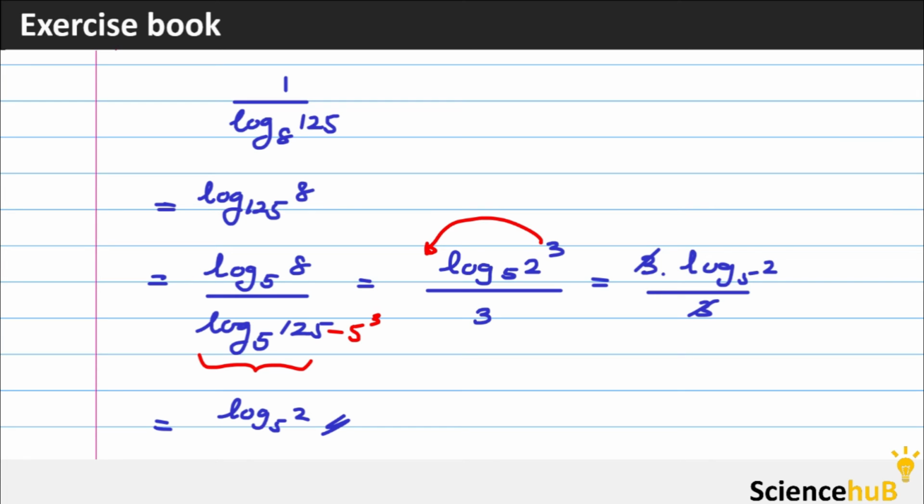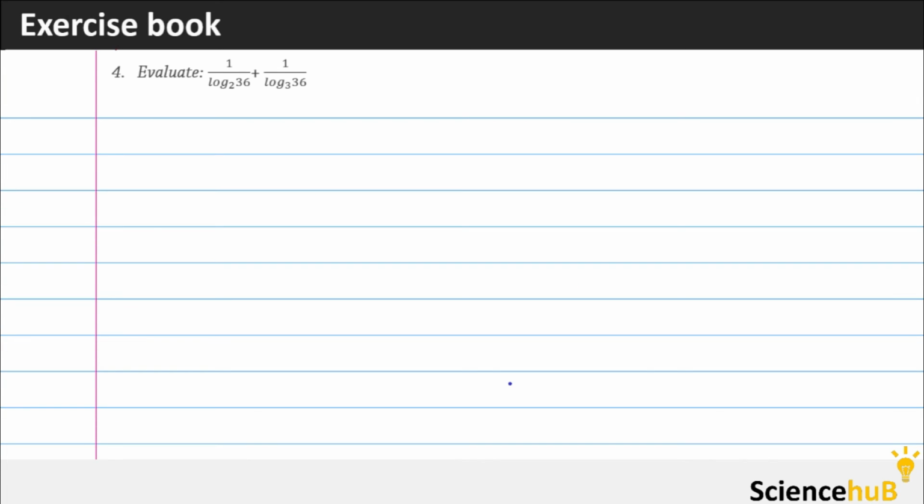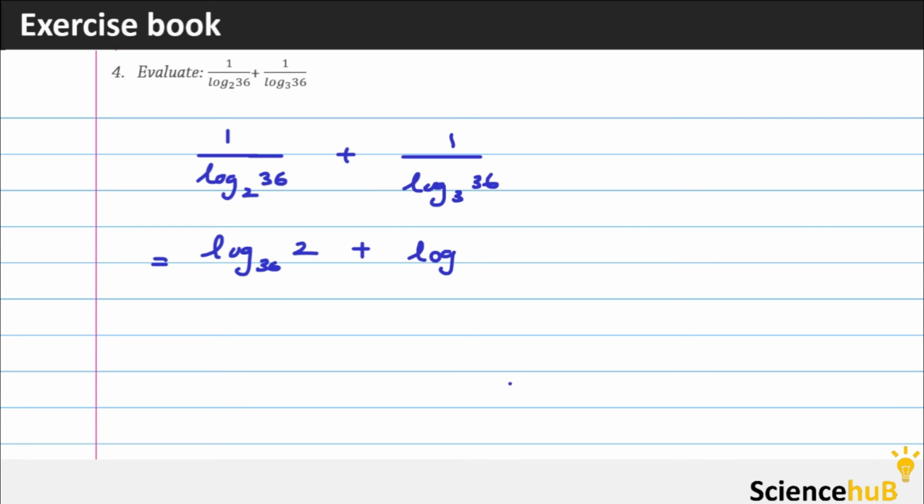Now let's move to the fourth one. Here it is asked to evaluate this expression: 1 upon log 36 base 2 plus 1 upon log 36 base 3. Before everything, we can take this upside down. Then log 2 base 36 plus log 3 base 36. I have done this to take everything into one base. Now everything is in one base.